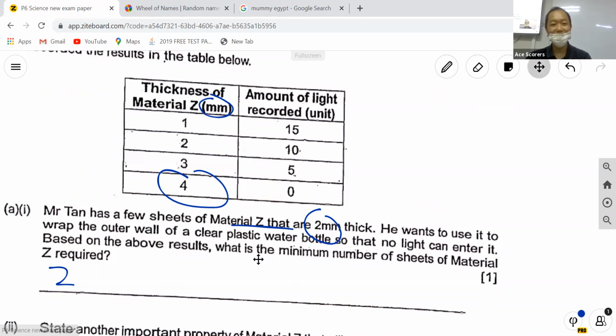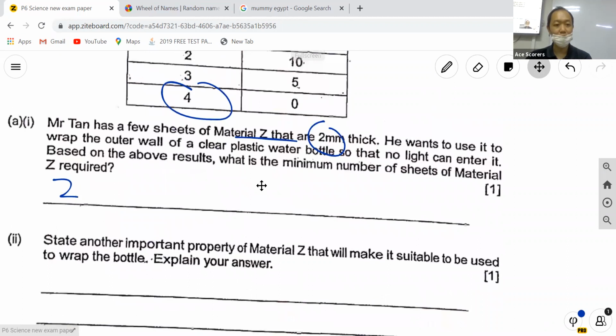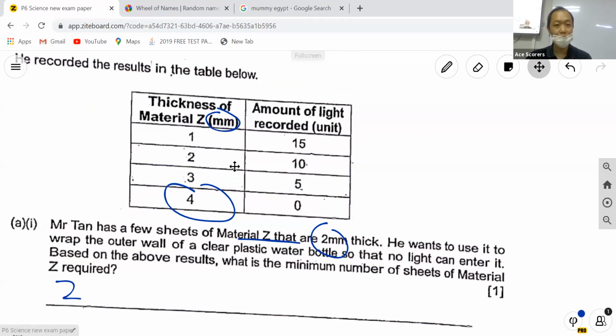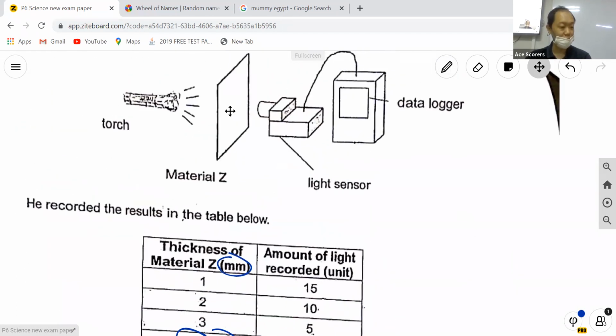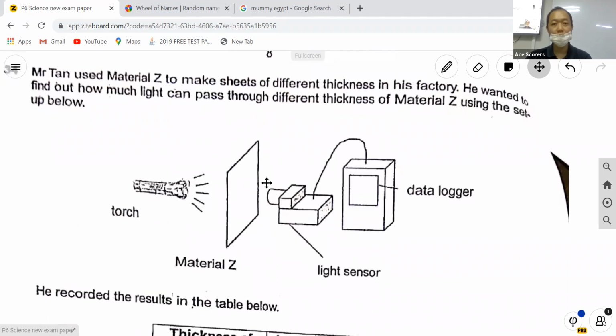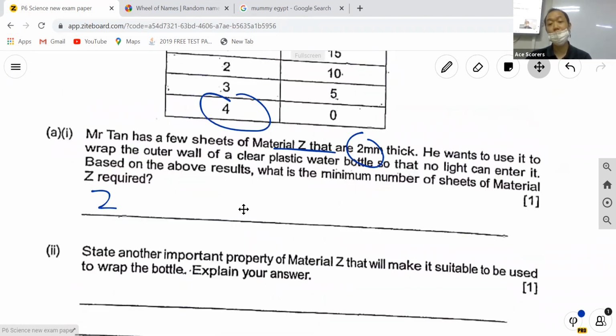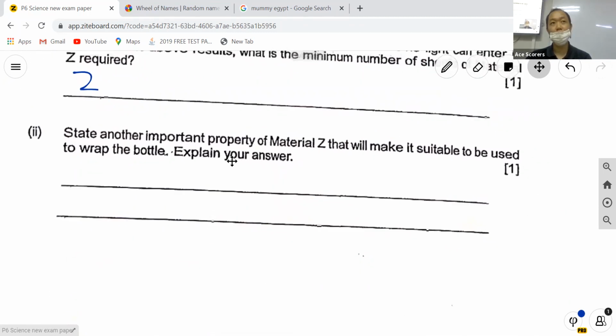Okay, what is another important property of Z that makes it suitable to be used to wrap? What's so special about Z? No light pass through. Okay, so the other property is not stated here, right? So you gotta imagine. What is another thing that's important? You must wrap, right? Wrap.